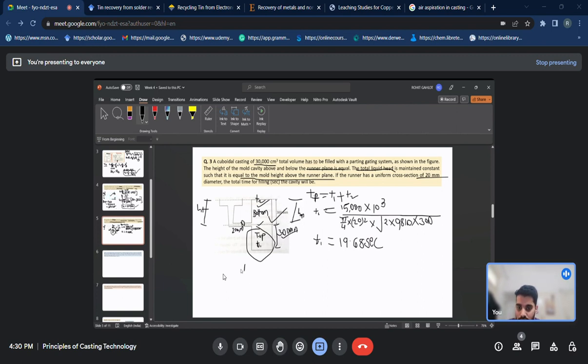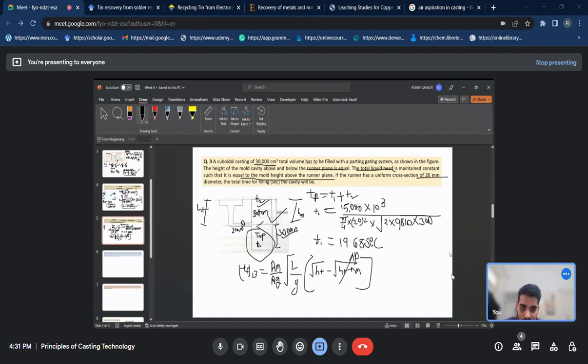So if you write the formula for T filling for the bottom gating system, it is equal to the area of the mold divided by the area of the gate times root 2g, then root ht minus root ht minus hm. This ht and hm are equal, so this term will get equated to 0.